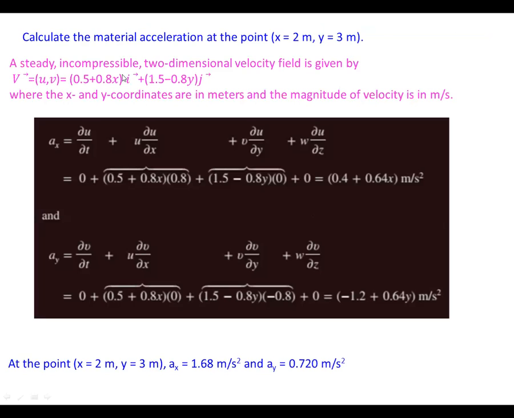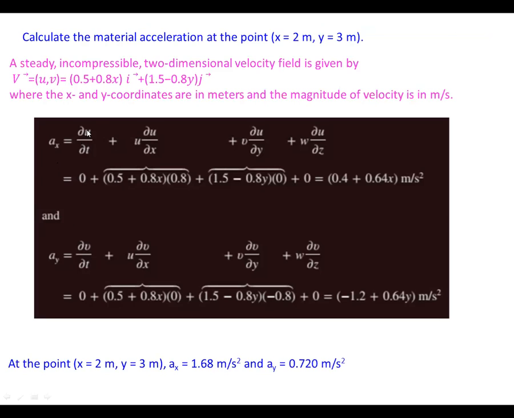Here the previous problem is taken as an example. For this one, u is given, v is given. You have to find the total acceleration, or the acceleration in the x and y directions.